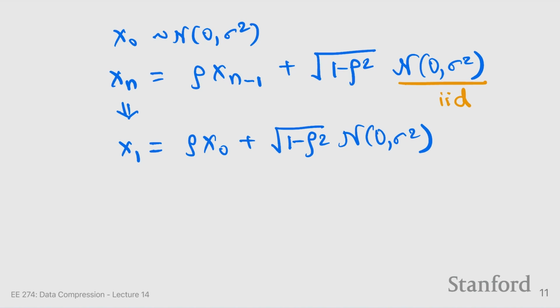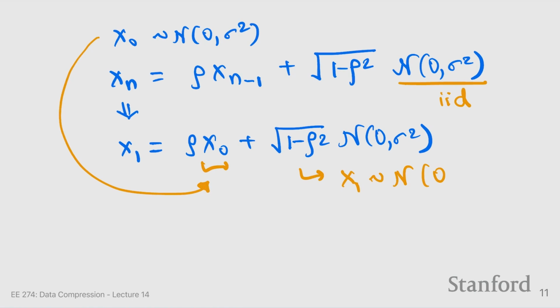This is just the sum of two independent Gaussians, and as a reminder, the resulting distribution of the addition is that your means get added and your variances get added. Okay, so just remember your basic Gaussian facts. So your X_1 in this case would just be normal. So my X_0 is this, right?